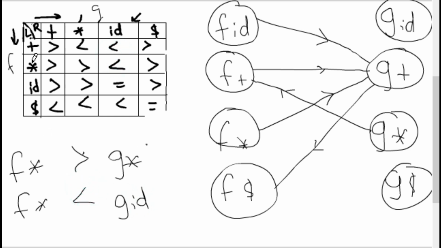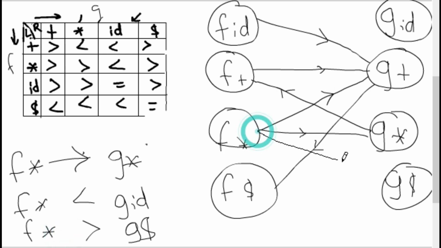Now let us take f star and dollar, which is g dollar. Between g dollar and f star there is this symbol. So you can see f star is going to g star. So f star needs to go to g star like this. Now f star is also going to g dollar. So f star needs to go to g dollar like this.